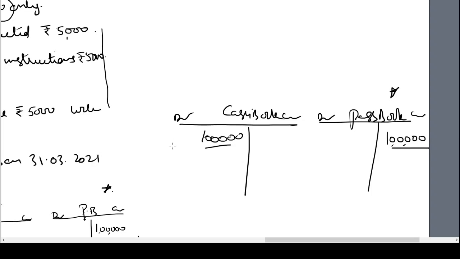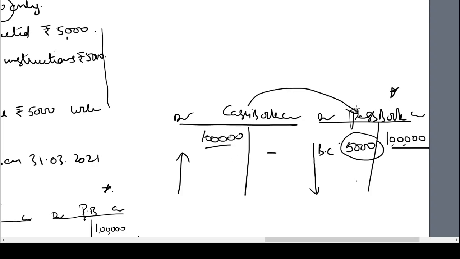Okay. Now the bank charges 5,000 rupees as bank charges. So it's a withdrawal, hence it has been recorded on the debit side. But there is no entry in the cash book. Now what will happen? Passbook balance will reduce, whereas the cash book is showing a higher balance. Because of recording a withdrawal, the passbook balance will fall down, whereas cash book balance will be more. So what should I do to the cash book to make it equal to the passbook? In the star mark, you have less symbol here.